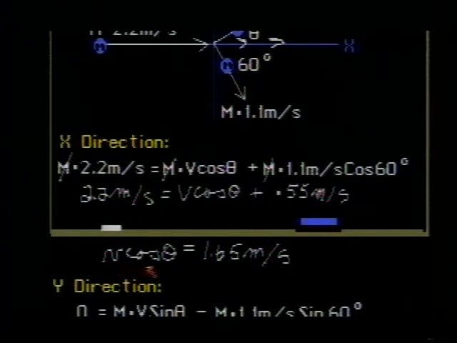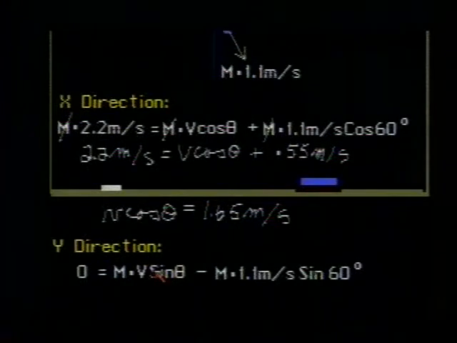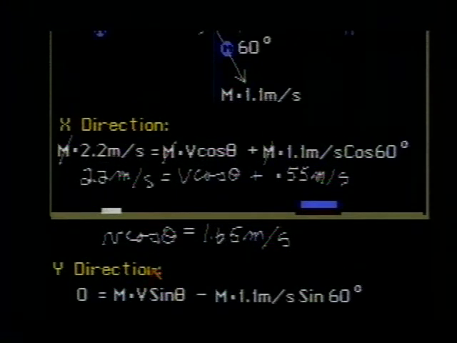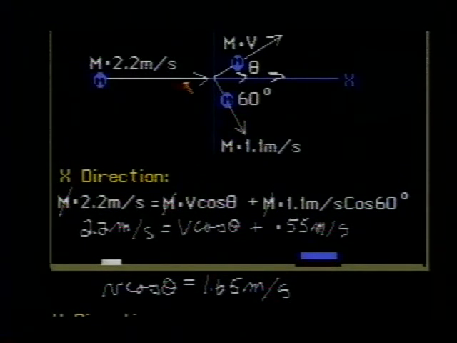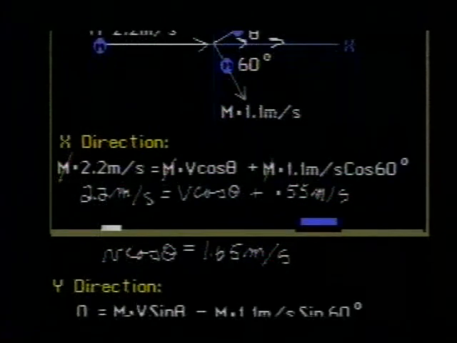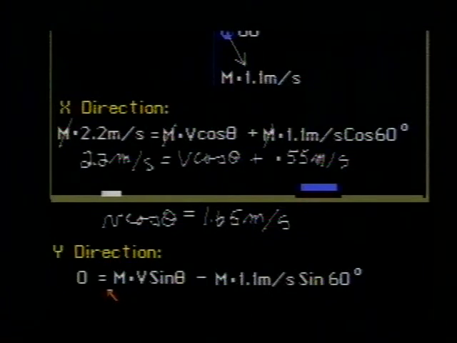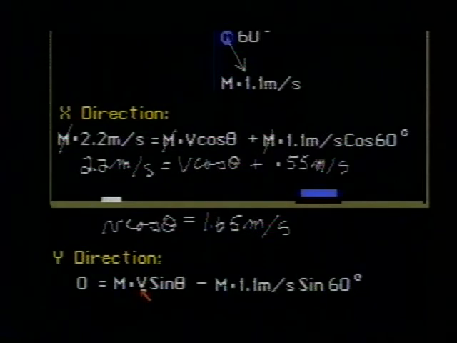So we look at the momentum now in the y direction. In the y direction, since the cue ball is along our x-axis, the original momentum in the y direction is equal to 0. The final momentum in the y direction is the y component of the momentum of the cue ball, which is mv sine theta.